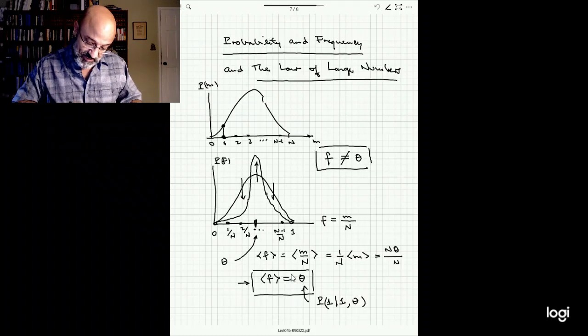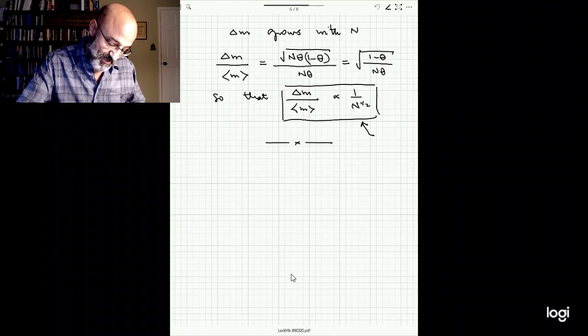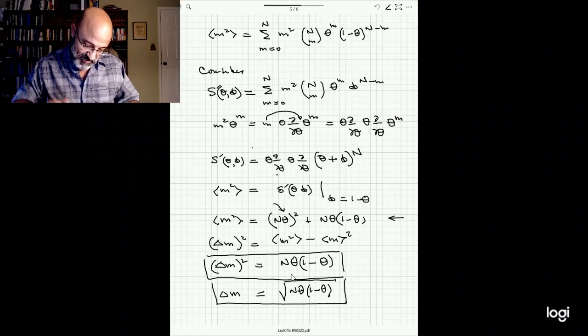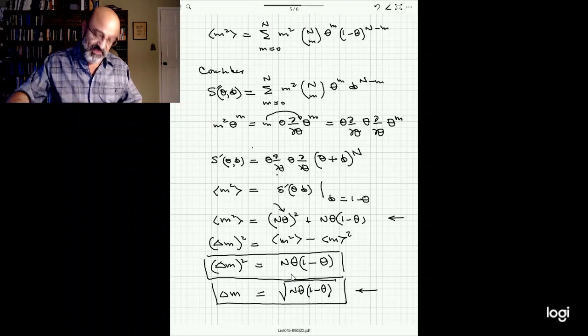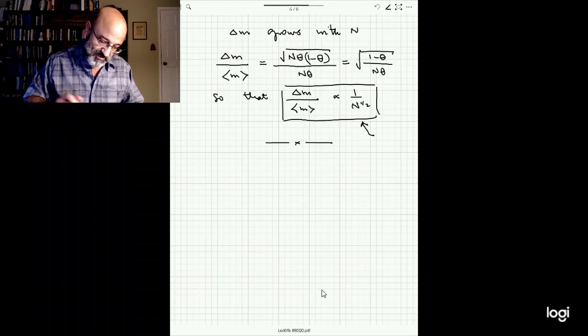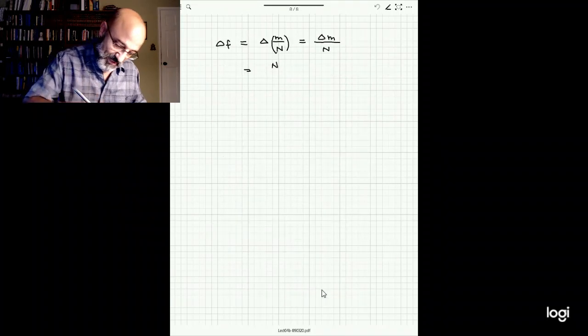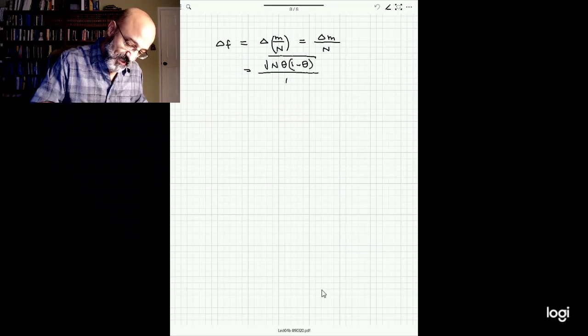Look at the formula that we had here before. Oops, sorry, this formula here. So for the standard deviation of m, we have the square root of n theta 1 minus theta. Okay, let's write that down: square root of n theta 1 minus theta, all divided by n.